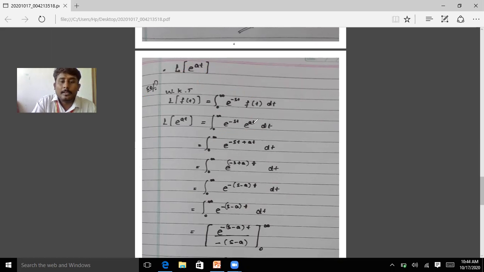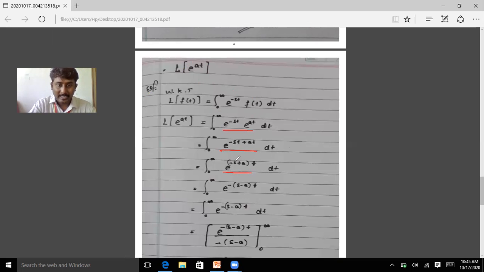Okay, a to the power m and a to the power n, we will get e to the power minus st plus at into dt. Okay, so t is the common function here, we will take it separate, it is e to the power minus s plus a into t.